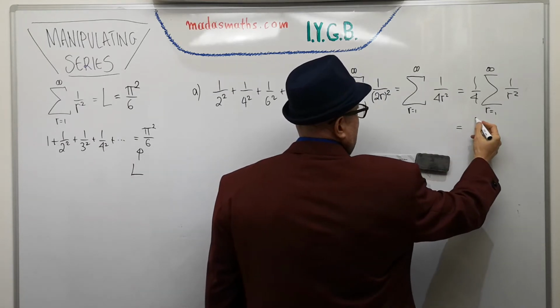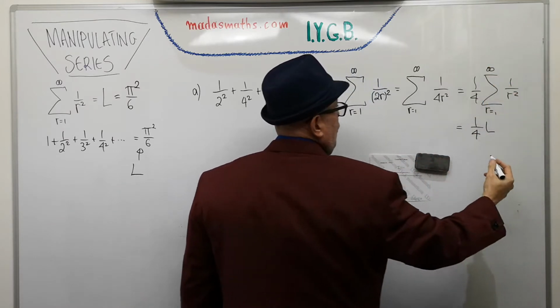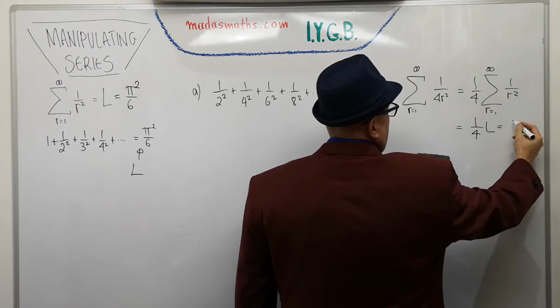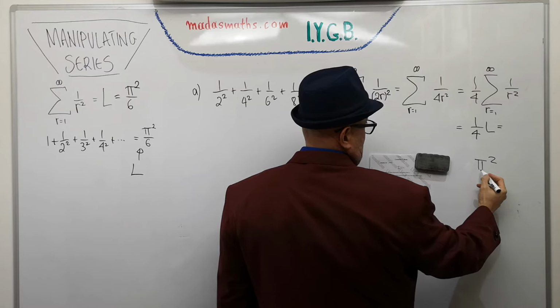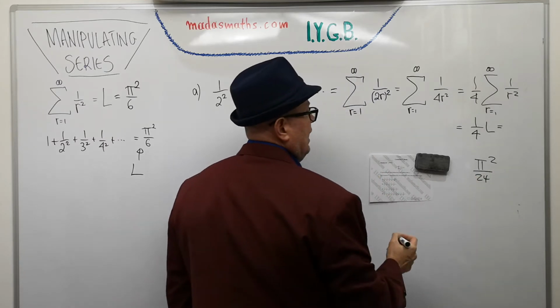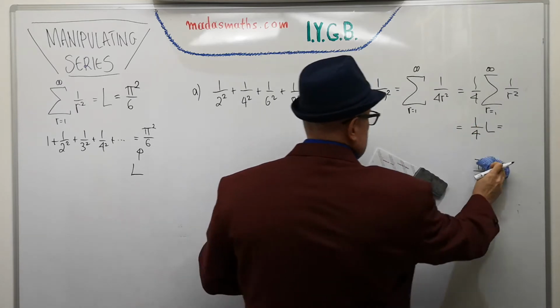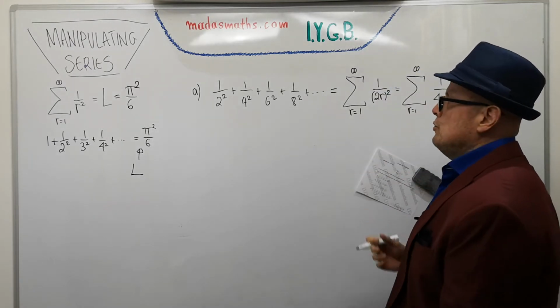So for those using L, the answer is a quarter L, or for those using pi squared over 6, this will be pi squared over 6 times a quarter, pi squared over 24. But it doesn't matter. The quarter L is good enough for this particular question. So that's the first manipulation done for what we're going to do today.